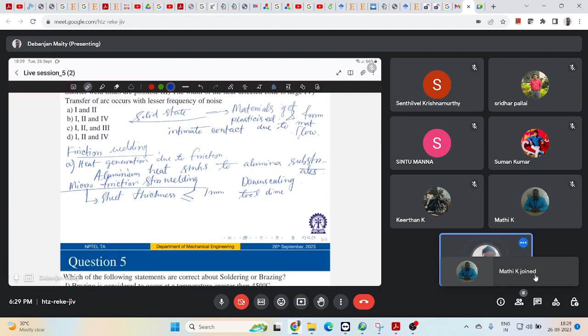So if you have this small dia tool, compared to the larger dia tool, which one will generate more heat due to friction? Large dia tool or small dia tool?